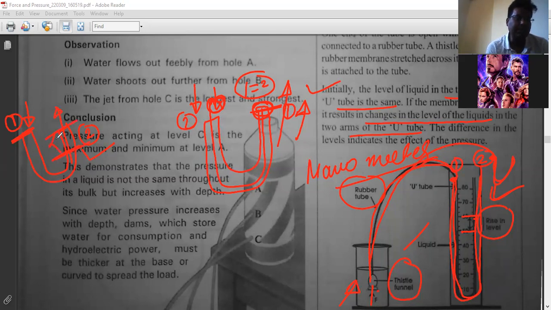This difference will give you the pressure, right? In this way, we can measure the pressure present on the liquid. This is called a manometer. A manometer is nothing but a U-tube shape in which liquid or mercury is filled.